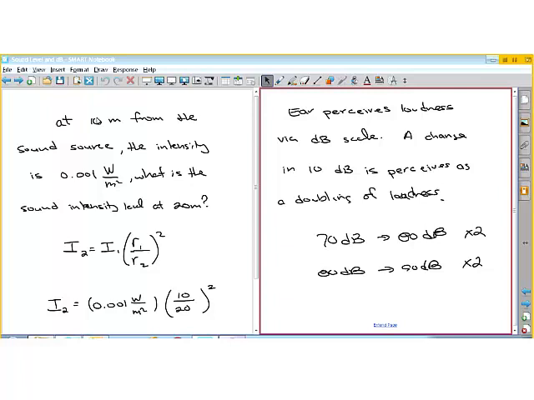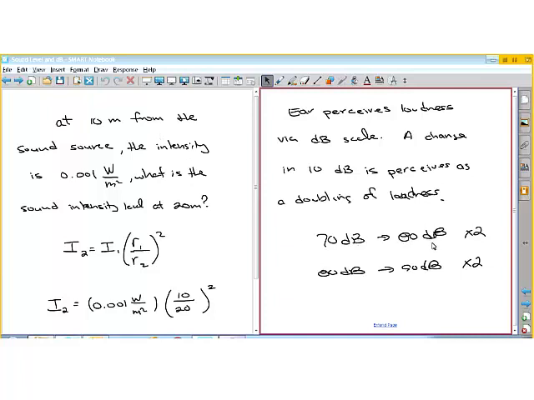Now, the ear doesn't perceive sound intensity directly. It perceives sound on a decibel scale, which is a logarithmic scale. It turns out that a 10 decibel change in intensity level or decibel level is perceived by humans as approximately double in loudness.